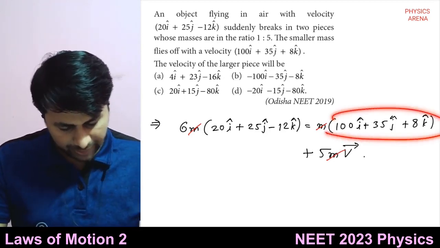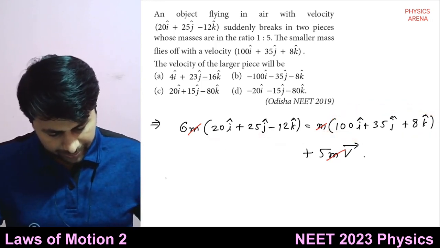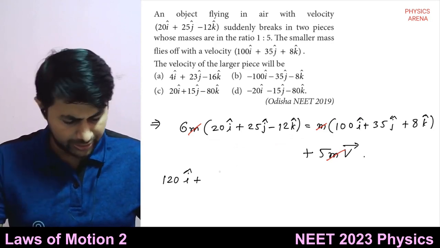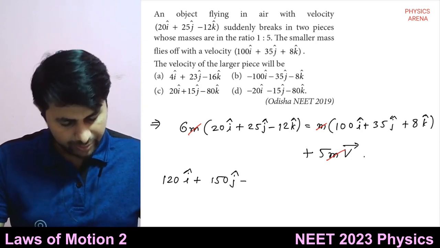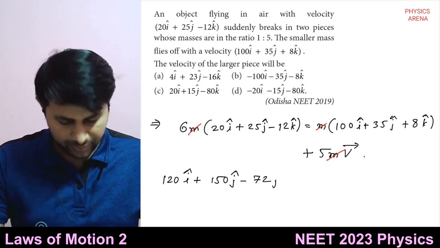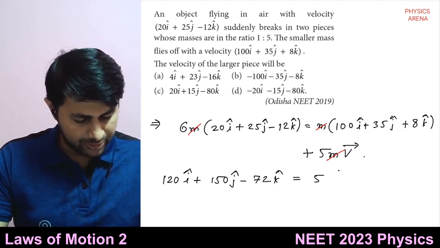Take this on the left-hand side. So 120i cap, plus 25 times 6 is 150j cap, minus 12 times 6 is 72k cap. It's equal to 5 times this thing.